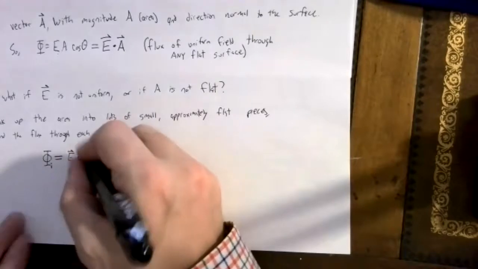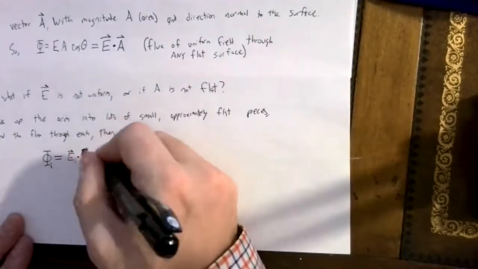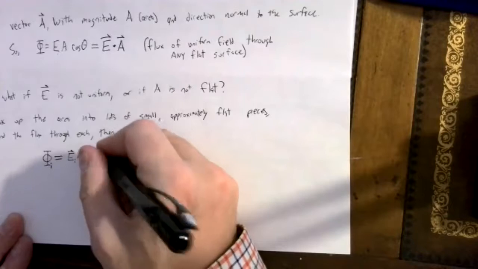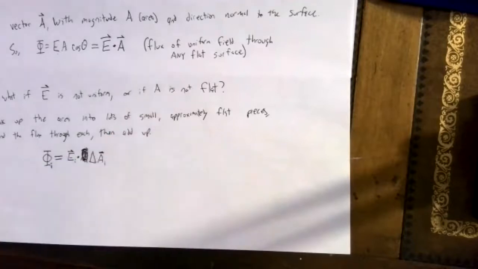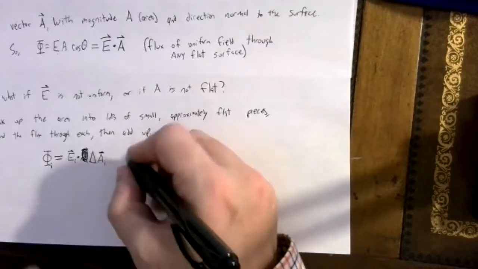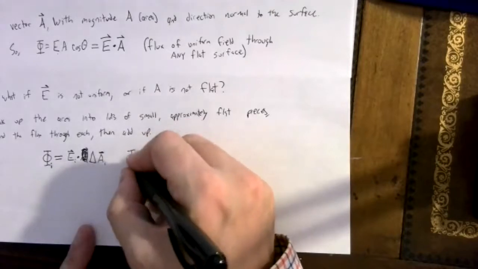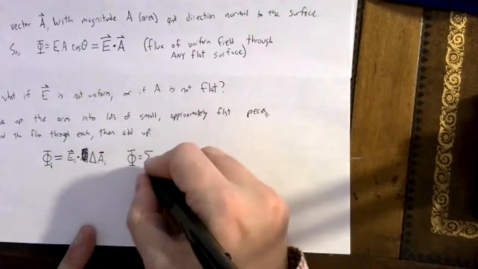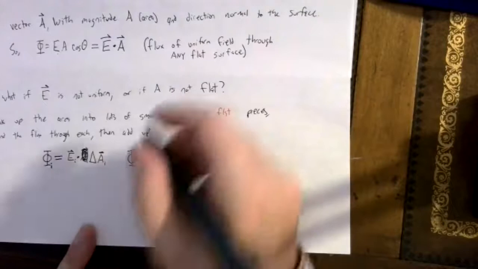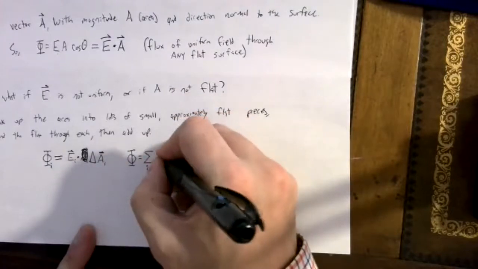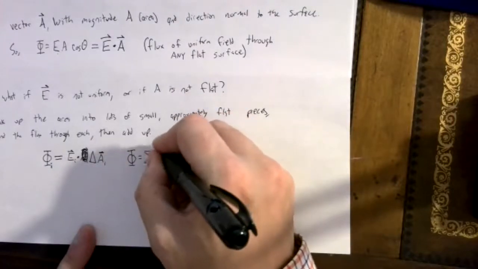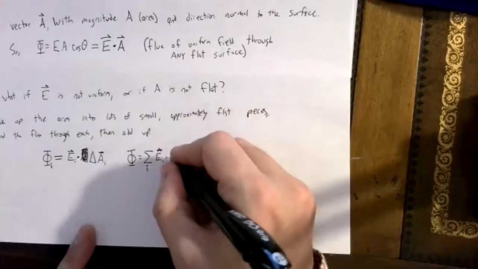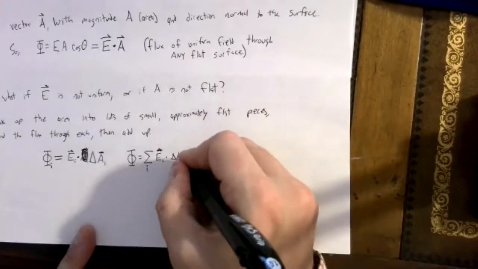I should give it delta A because it's a very small surface that's been broken up. All right, so then to get the total flux, we would add those all together. So the sum over all of those i little pieces of the electric field dotted with delta A.